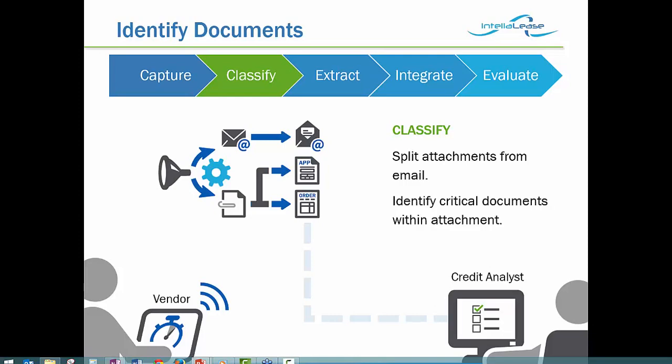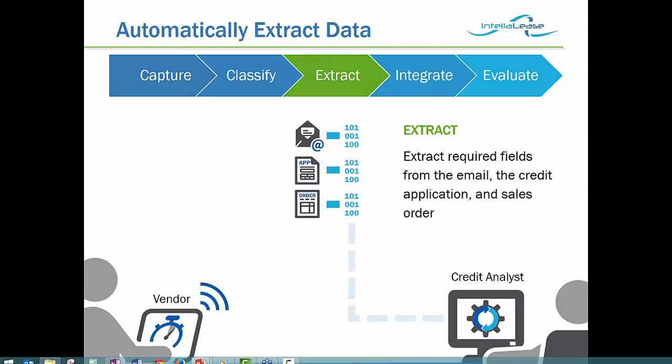So we'll train the technology to identify a purchase order or an application or a sales order from an application and determine whether or not those documents are present, and like I said before, if something were missing based on your business rules, you could notify your partners or your vendors. And then once we've done that, we're going to begin interrogating that content, the email, the attachments, for data that's important for making decisions.